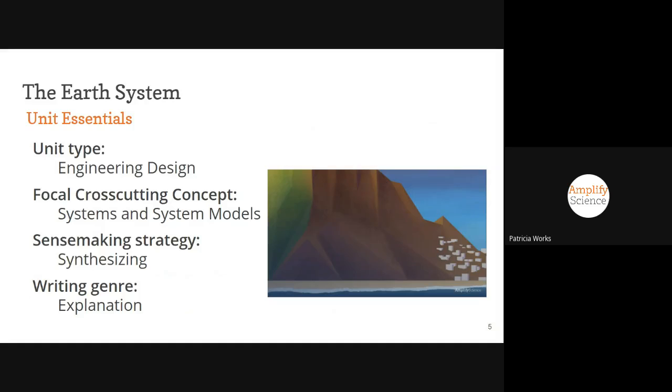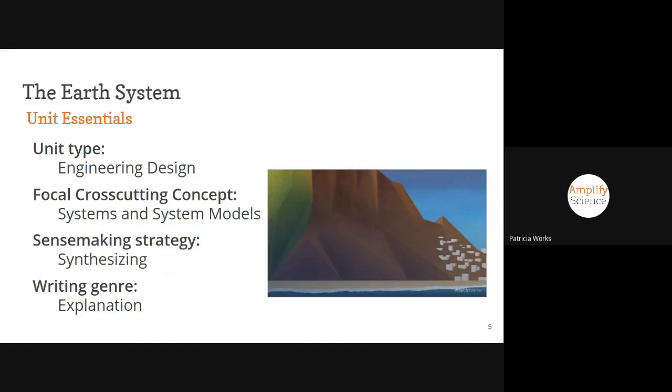Students learn about scientific explanations and have multiple opportunities to write increasingly complex explanations of the water shortage on a fictional island over the course of the unit, synthesizing ideas from a variety of sources. Students are also challenged to design solutions to the water shortage. They design, build, test, and iterate on systems that can collect fresh water from salt water.